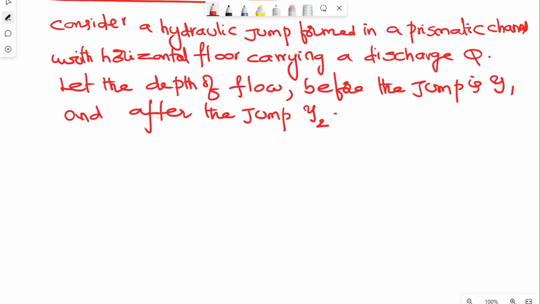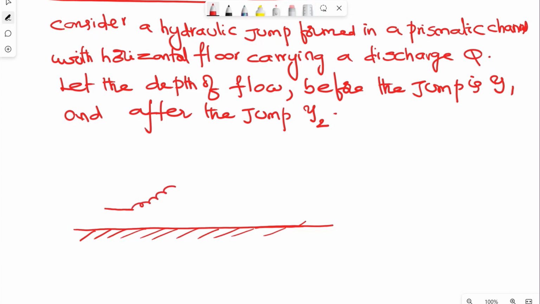Now I will draw the picture actually, how it looks like. For example, if I take this as the floor, how the hydraulic jump looks like.